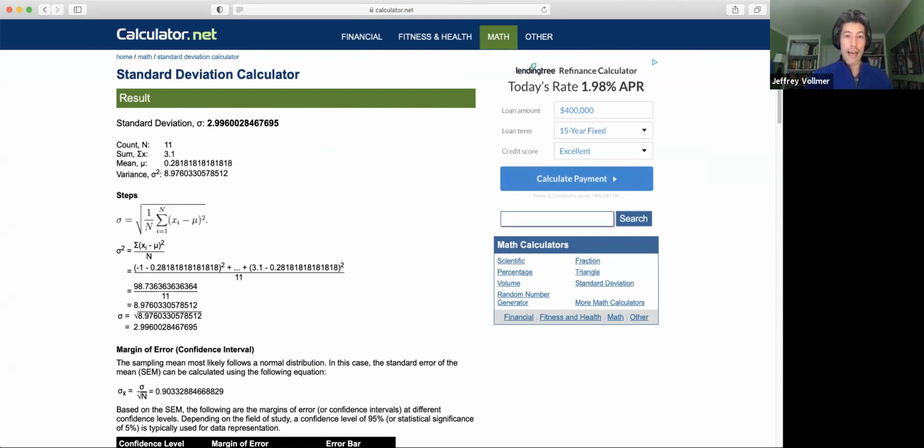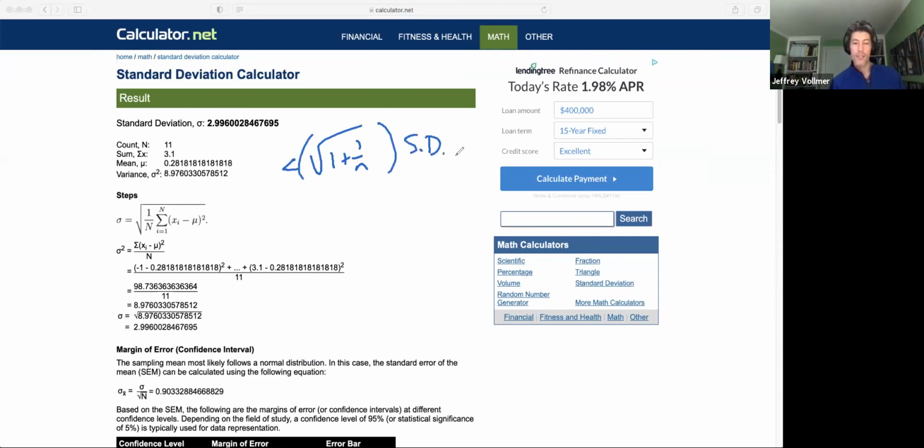This is really getting obscure, but as long as your new value is less than the square root of 1 plus 1 over n, where n is the number of terms, times the standard deviation, as long as your new value is less than this far from the mean of the first set, you'll be able to shrink the standard deviation. The proof for that is beyond me. I just know it's true and I don't question it.